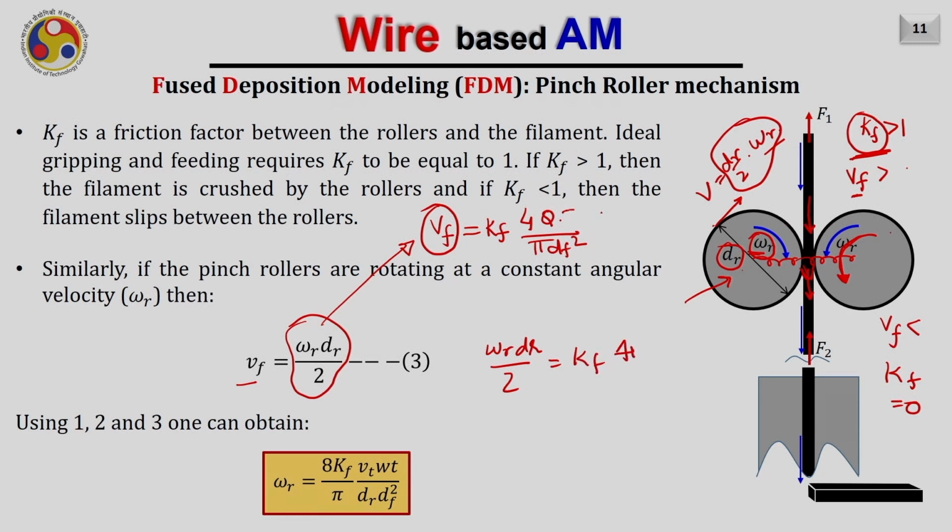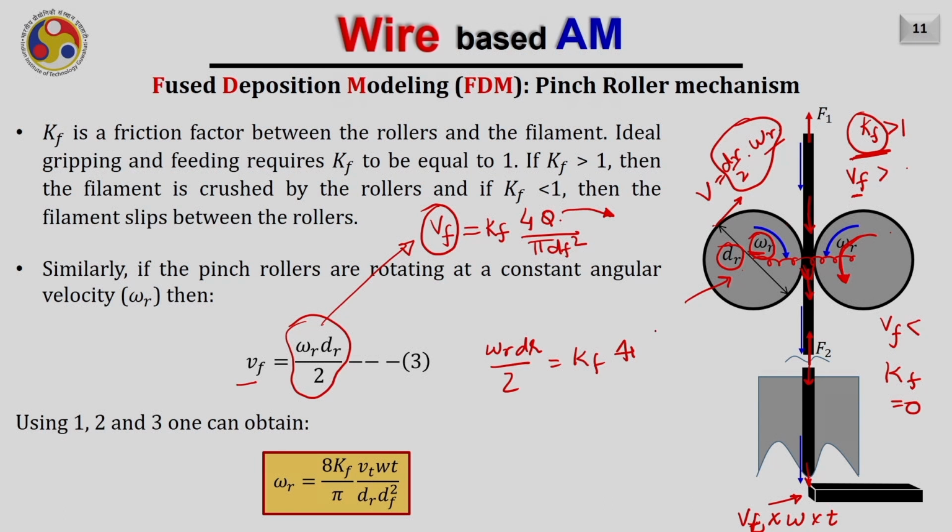Now this Q, I can replace by the deposition rate or the volume rate we calculated at the exit of the nozzle, because the volume flow rate at the input to the nozzle and at the exit should be the same. We calculated at the exit that the volume flow rate was Vt, the traverse velocity, into W, the width of the deposited bead, into T, the thickness of the deposited bead.